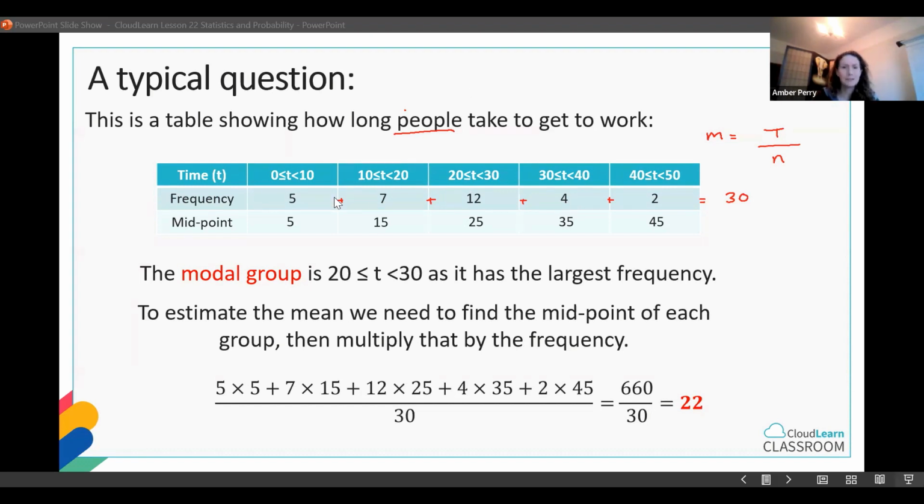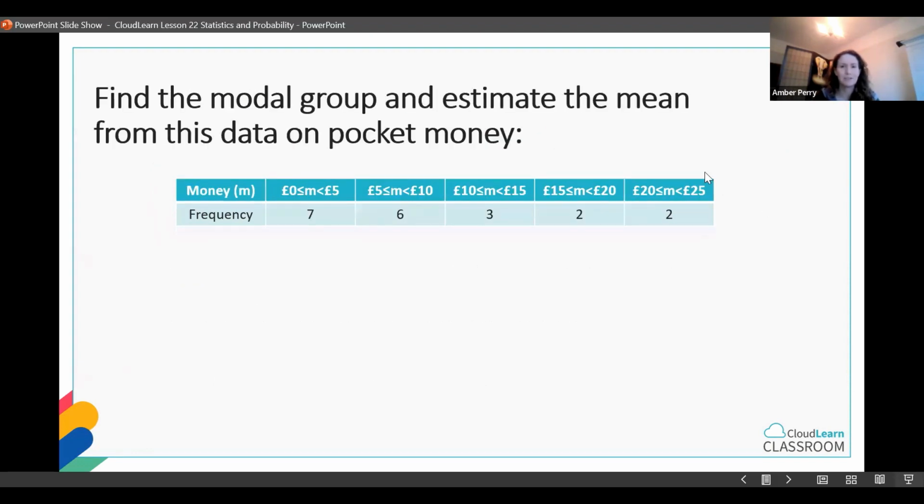Okay, I'm just going to give you a couple of minutes then, because I've talked at you a lot and you've not actually had much chance to do any maths. You will probably need a calculator for this question, so hopefully you've got one nearby. If not, at least you can do the modal group without a calculator, and then for the estimate of the mean you can at least get what you would type into your calculator written down.